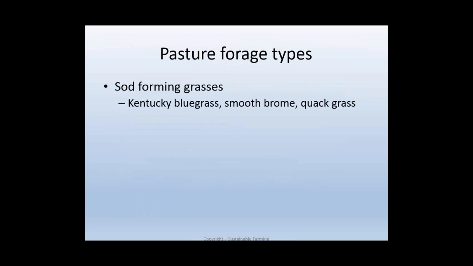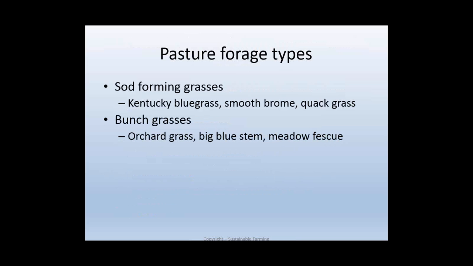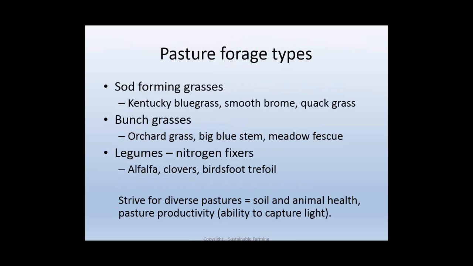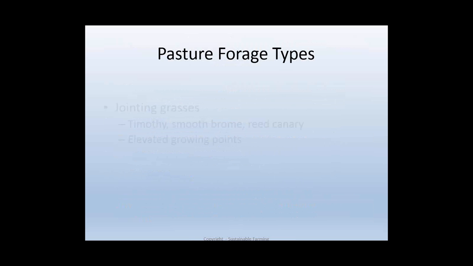The major groups include sod-forming grasses, bunch grasses, legumes, and then forbs and other broadleaves. As Alan articulated so well, strive for that diverse pasture. That increases our ability not only to provide habitat for microbes, but also to capture light and begin turning some of that carbon into soil organic matter.